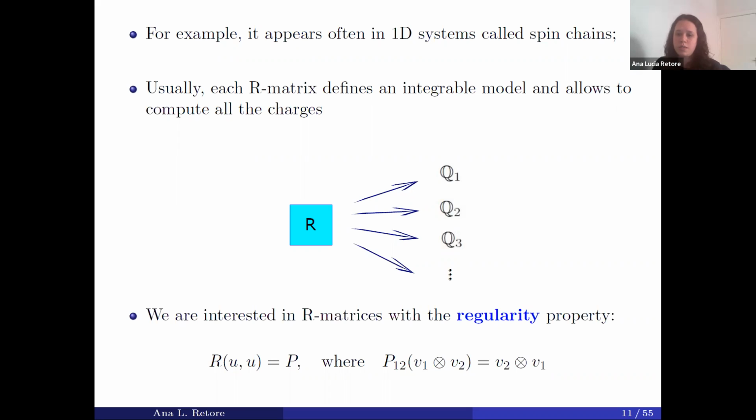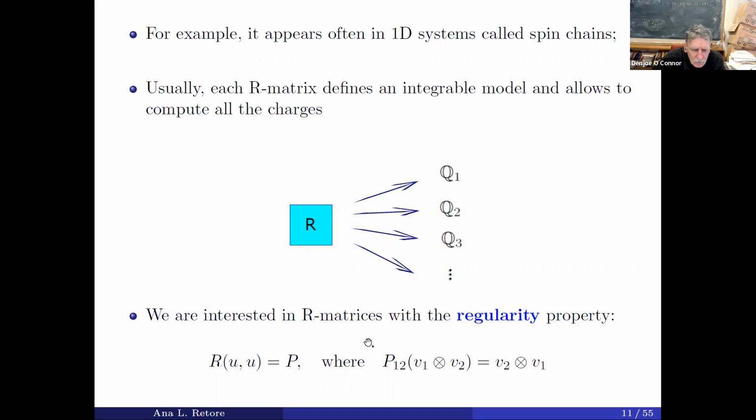It doesn't see long-range interactions, just short range. So the R-matrices we are finding are related to nearest neighbor Hamiltonians. This will be the type of model we are interested in.